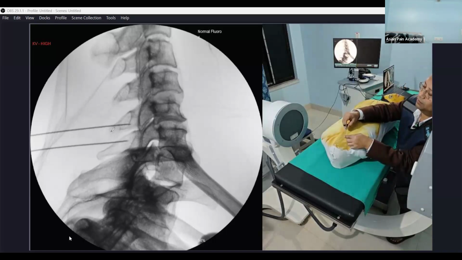Sometimes things become a bit tough on the mannequin, but not on normal patients.